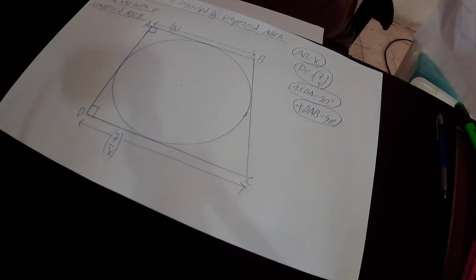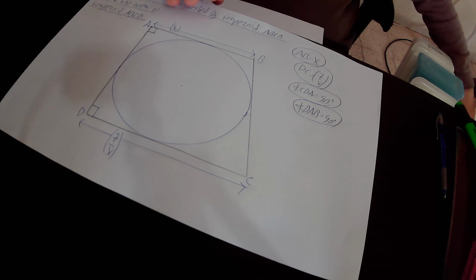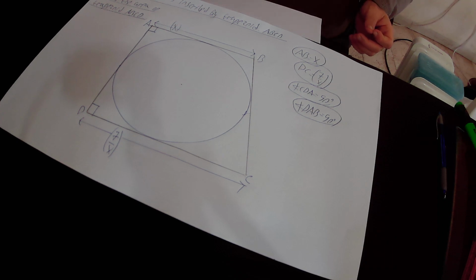Okay, so in the first step, we will define the points of tangency of this trapezoid with this circle with letters.